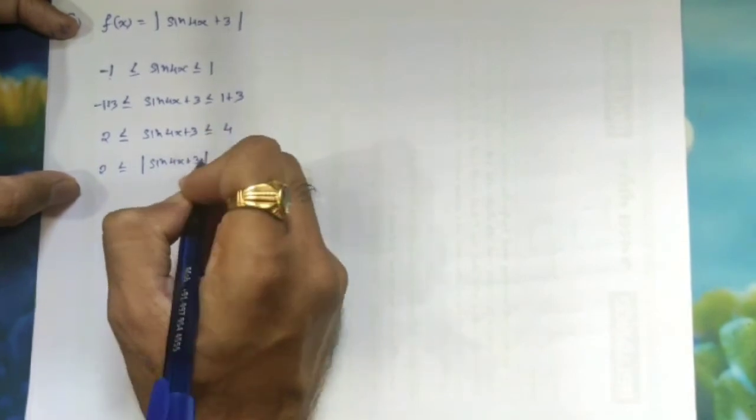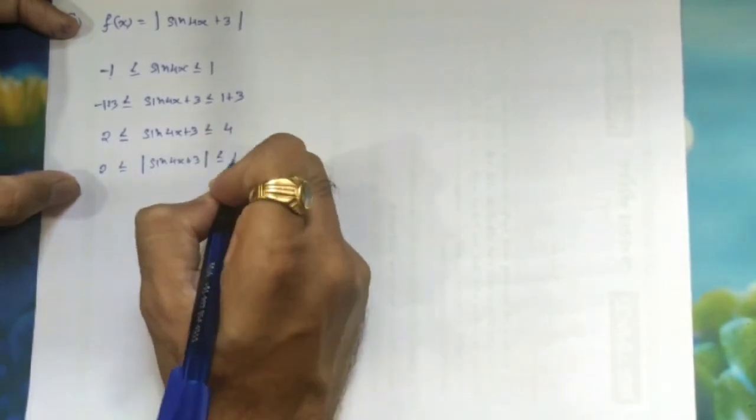Again we will take the modulus of this function. Both the values are positive, so the modulus will be 2 less than or equal to mod of sin 4x plus 3 less than or equal to 4. 2 will remain as 2, 4 will remain as 4.